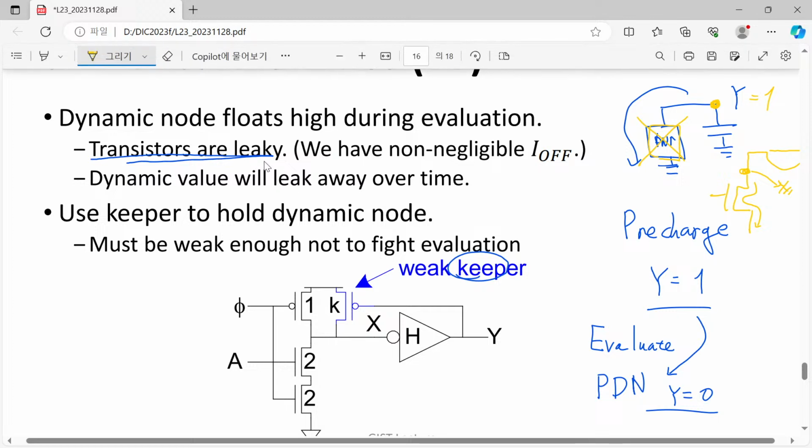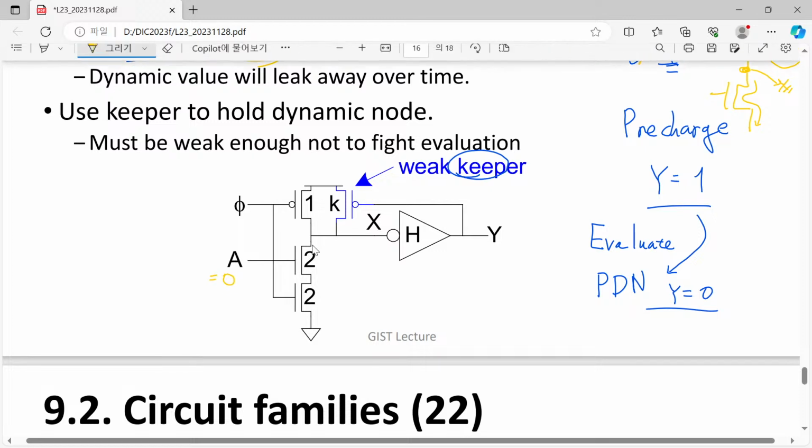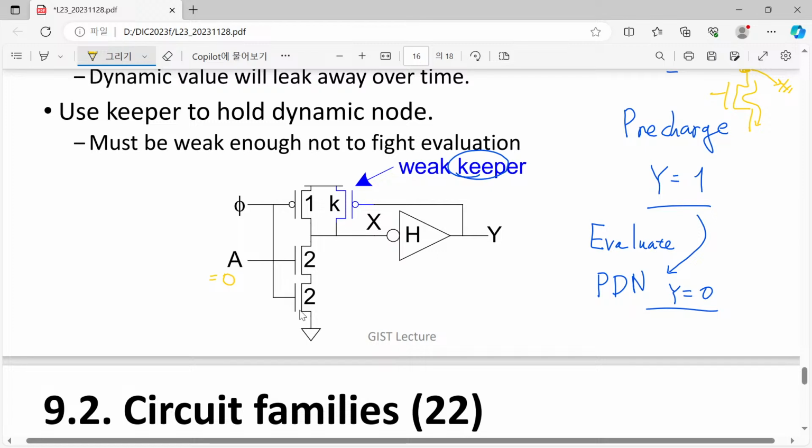So transistors are leaky, and if we wait too long, then even when A equals 0, so that this one does not play any role, the output value will be diminished.